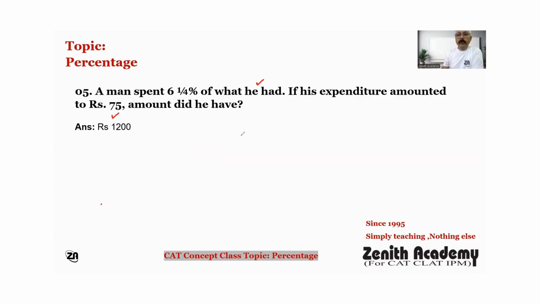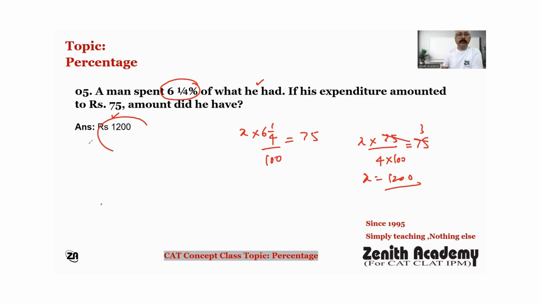So suppose he has X rupees and he spent 6 and 1 by 4% of what he had originally, and this expenditure is equal to rupees 75. So now it is a matter of calculation. It is 25 by 400 X is equal to 75, and finally it is 1200.